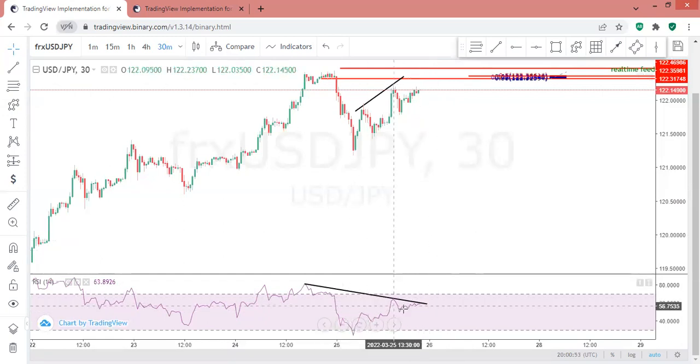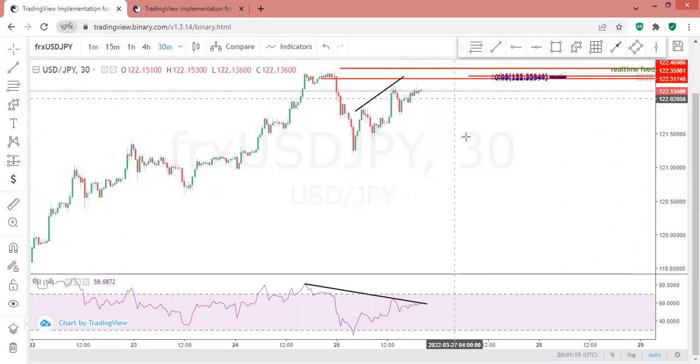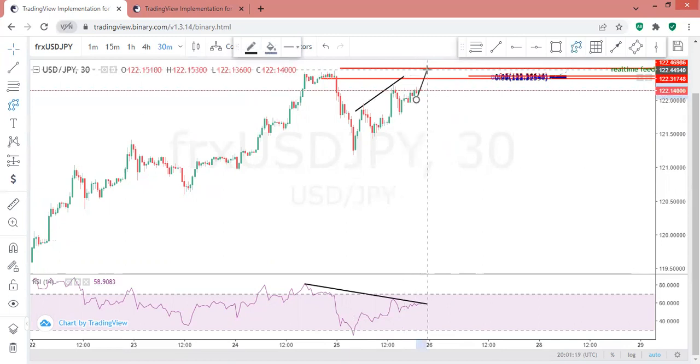It's creating lower highs, while price is creating higher highs. So we have a great divergence already. It will still leave here, and by the time price opens, it will still come up.